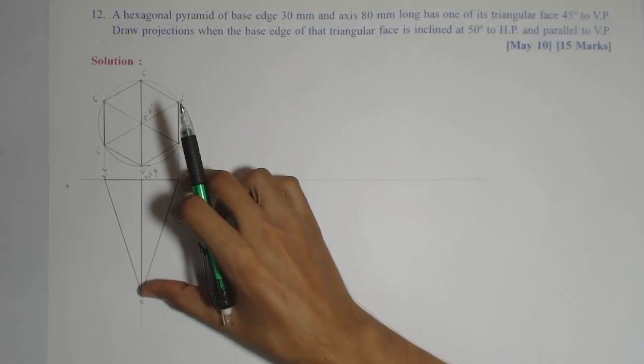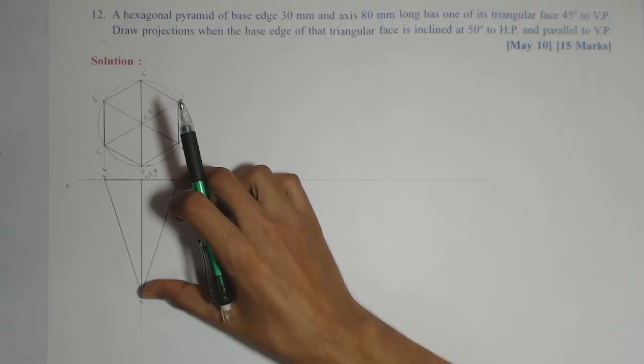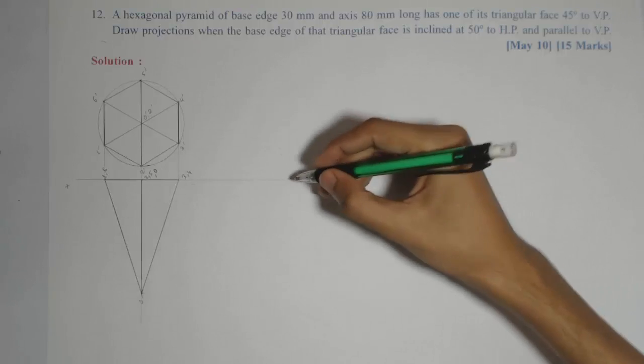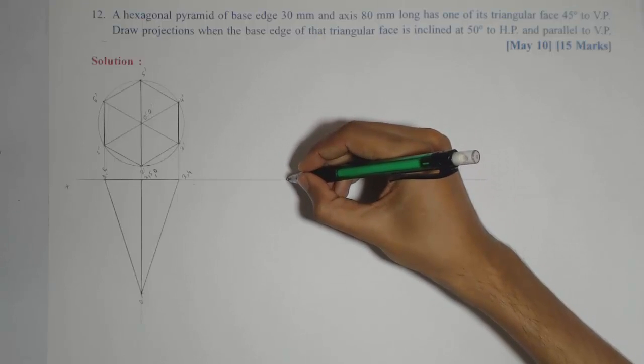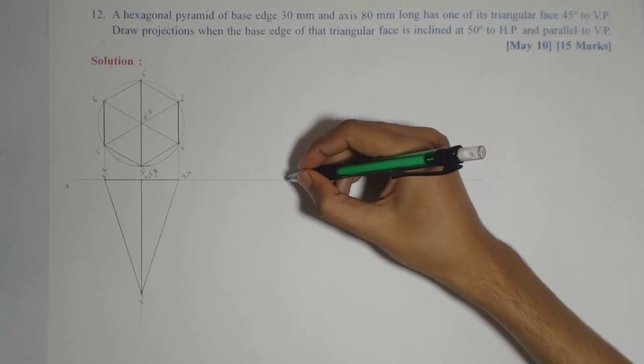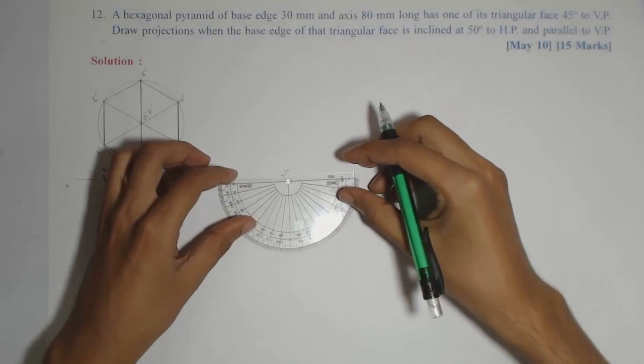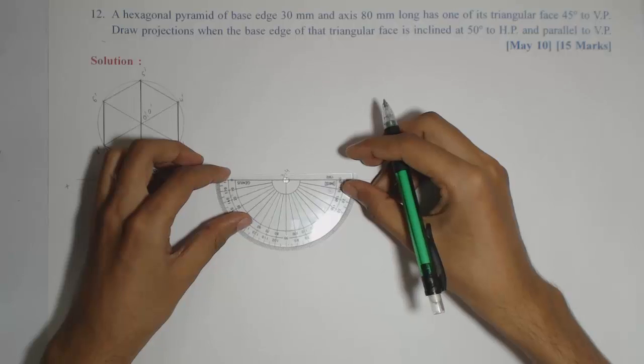So this triangular surface we can make inclined at 45 degrees to the VP. So we need to tilt this by 45 degrees. So first I'll mark the angle 45 degrees, keeping this 3 4 still on the VP. So with this we will mark the angle of 45 degrees.